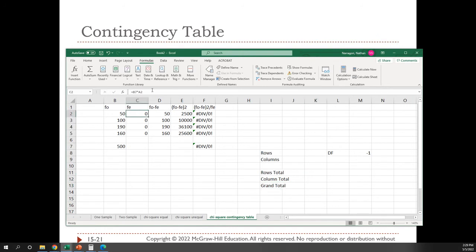So FE equals now this times this divided by this. Okay, I want to take this, copy, paste, paste, paste. Okay.